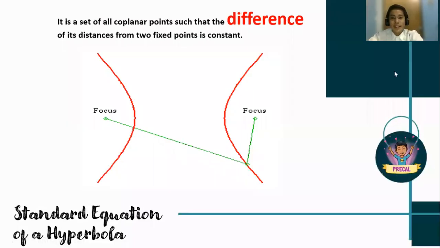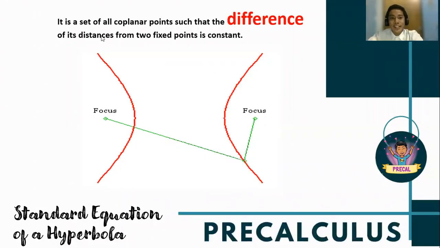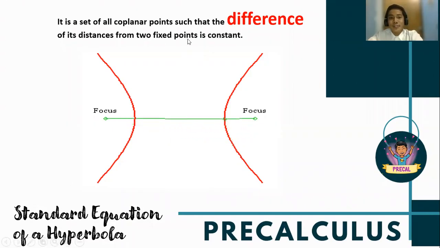So let us define again what is a hyperbola. According to the definition, it is a set of all coplanar points such that the difference of the distances from the two fixed points is constant. Notice the word difference, because this is one of the characteristics of the distances to the foci.